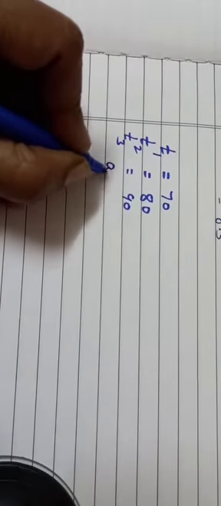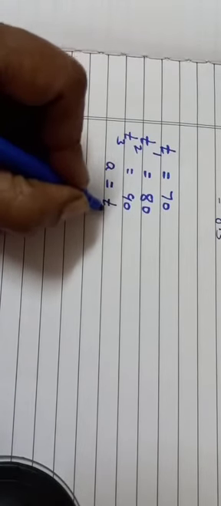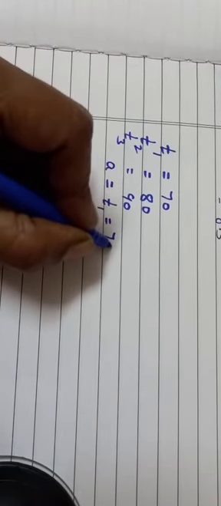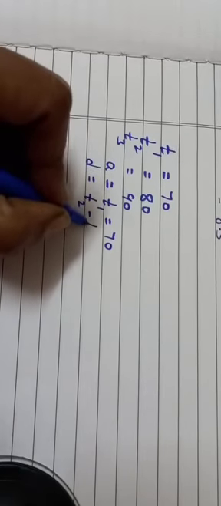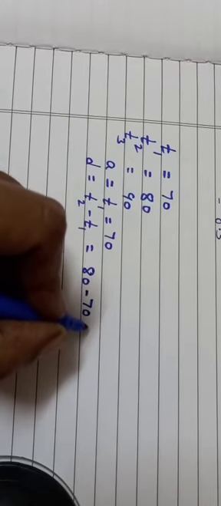That is, A is equal to T1 is equal to 70. And to find D, what do you do? T2 minus T1, which is equal to 80 minus 70, which is equal to 10.